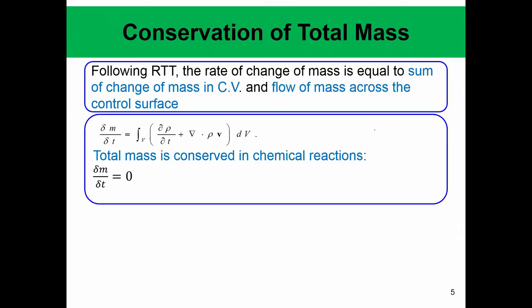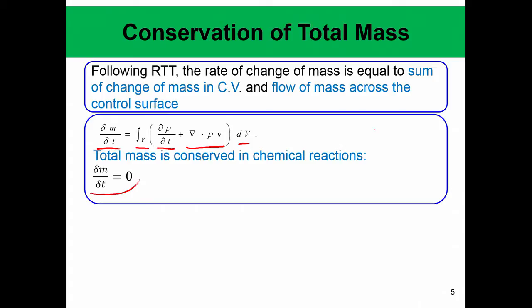Instead of capital Xi we have replaced it with m, and we see that this is nothing but integral over volume of partial rho partial t plus divergence of rho v, integrated over dV.